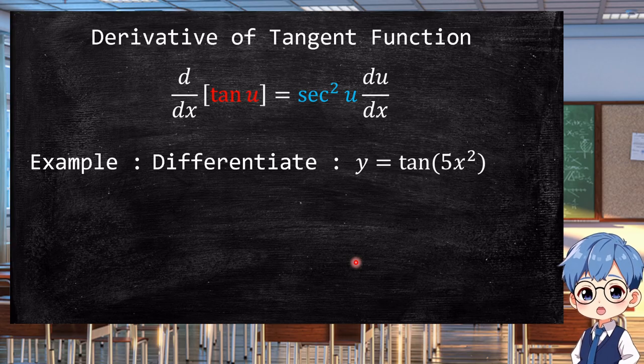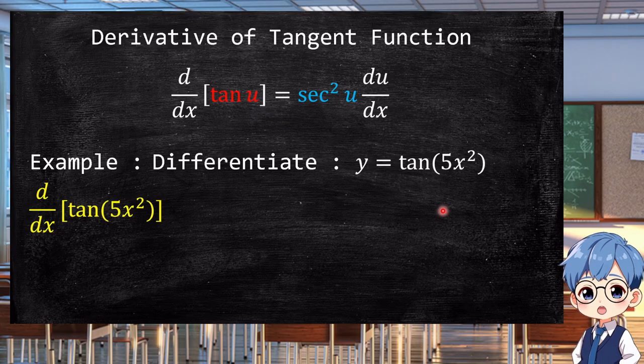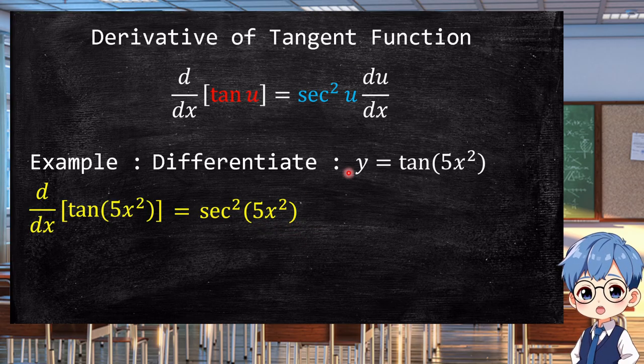Differentiate y equals tangent of 5x squared. So, we have tangent of 5x squared, this becomes secant squared 5x squared according to the formula. And then don't forget to get the derivative of the angle, the inner function in this scenario.